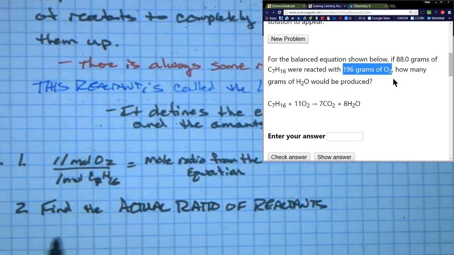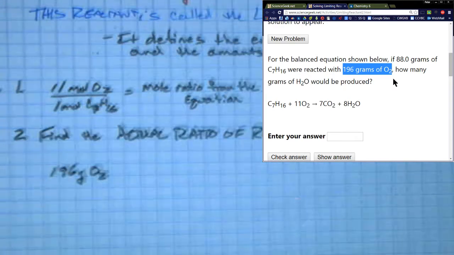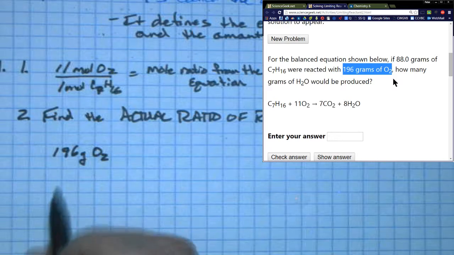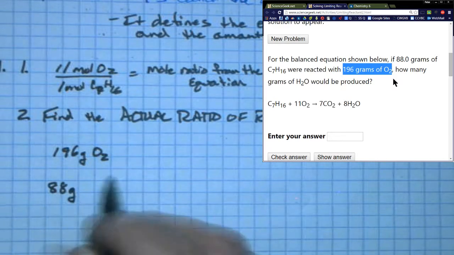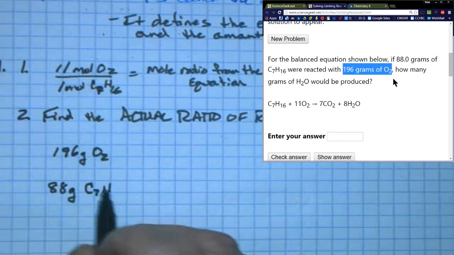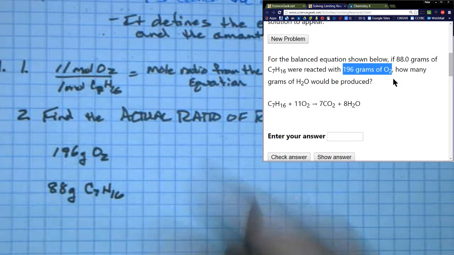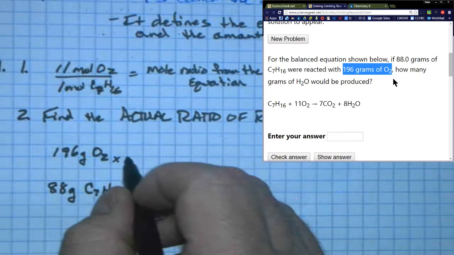So, we've got 196 grams of O2 and 88 grams of C7H16. How many moles do we have? We're going to figure out our number of moles.